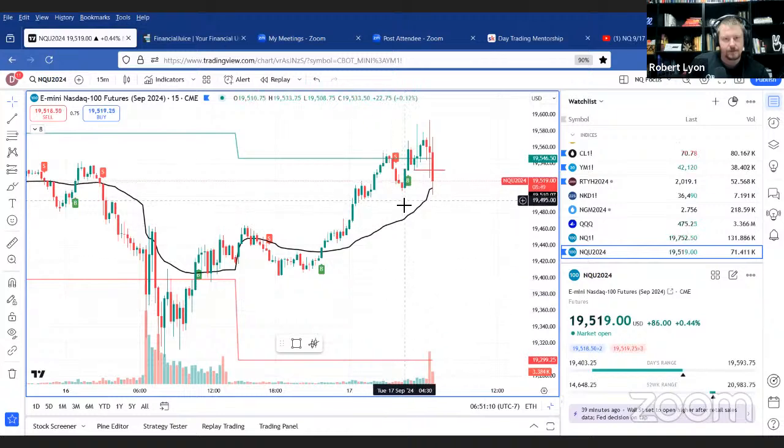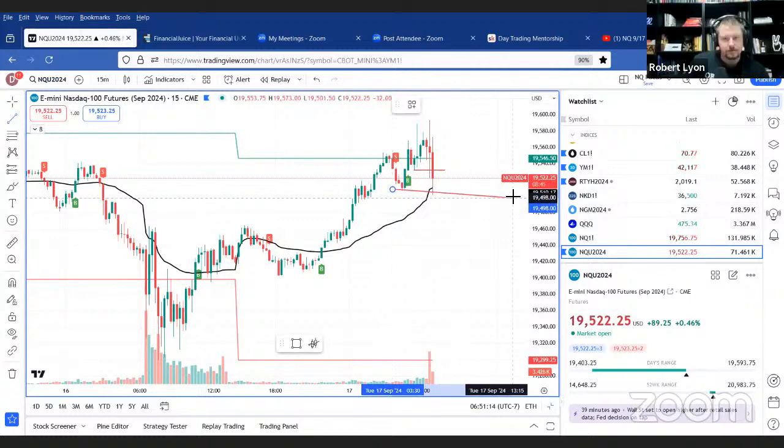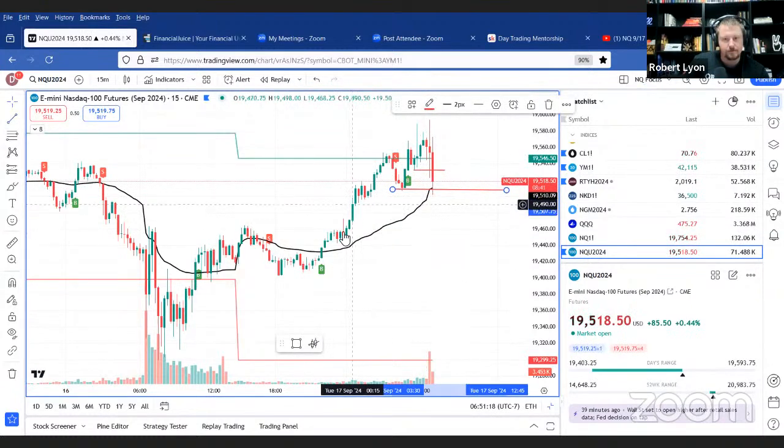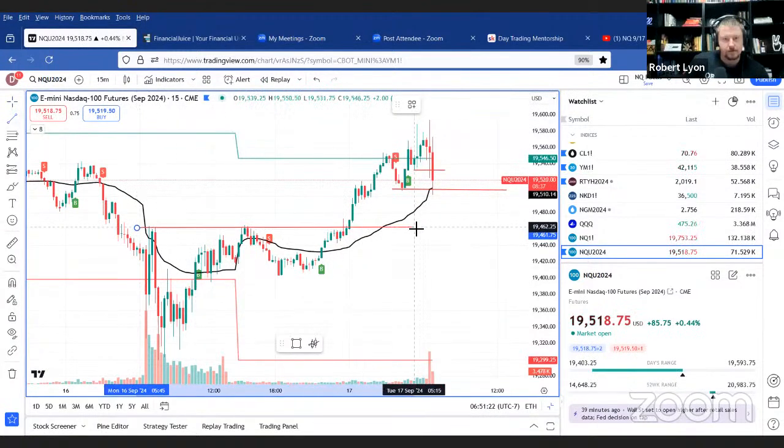So if we're going down, we're basically at this resistance right now, which is the VWAP, and then the next point of interest is pretty much down here.